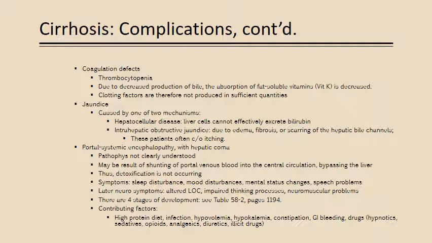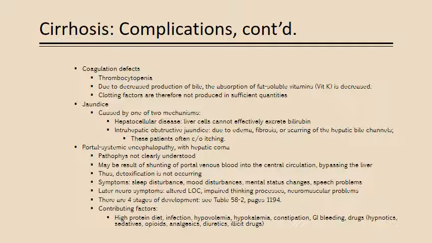They're diseased cells. In intrahepatic obstructive jaundice, this is due to edema and fibrosis, that scarring of the hepatic bile channels. So there's a mechanical obstruction versus a cellular disease. The obstructive jaundice patients often will complain of itching because of that collection of bile salts.